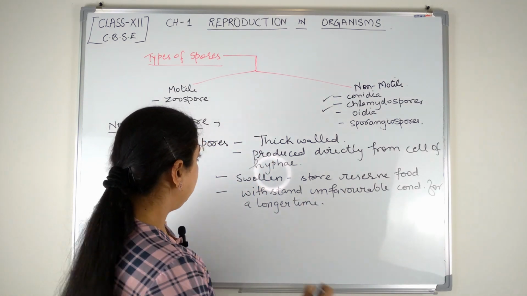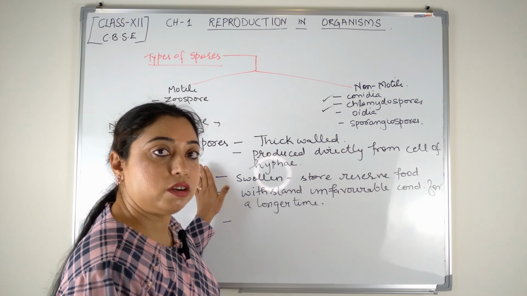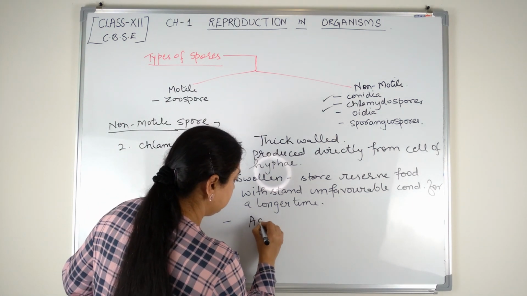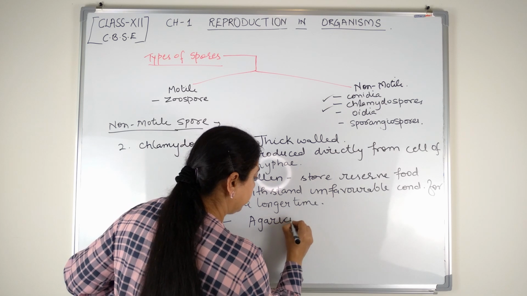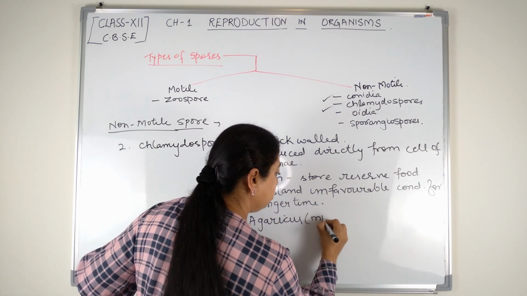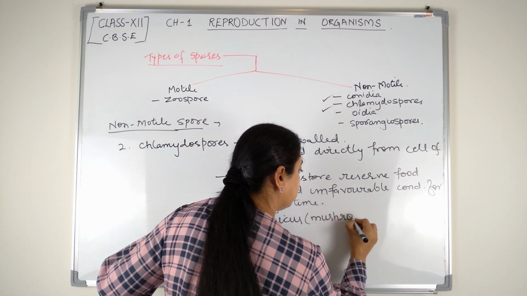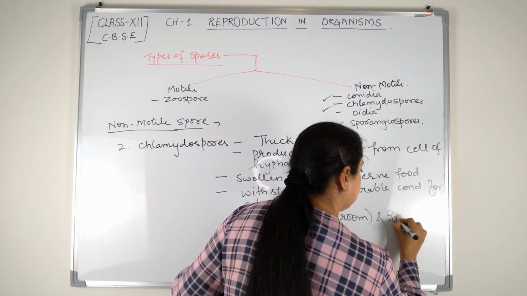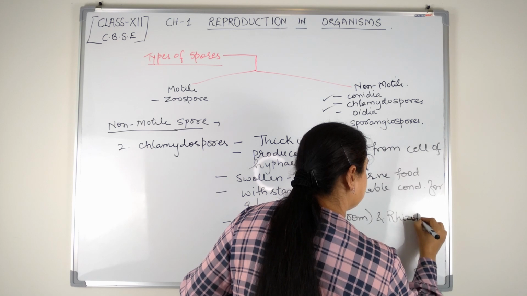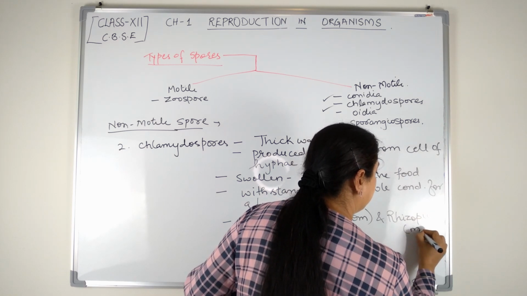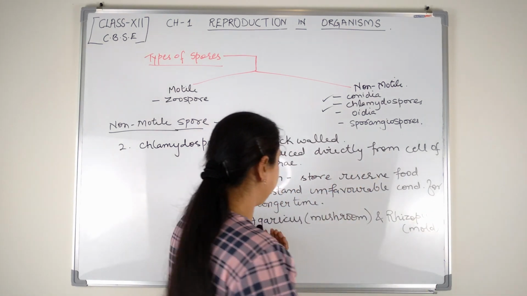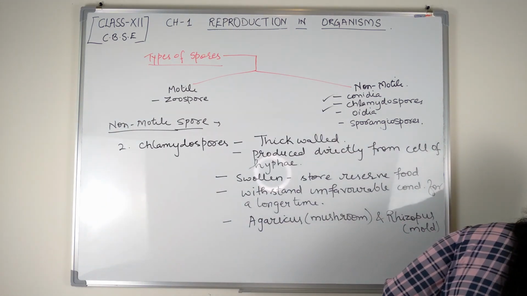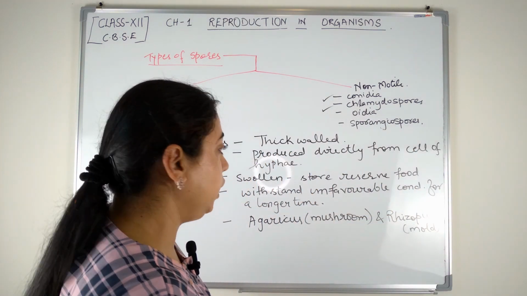Right? Chlamydospores are mostly formed by Agaricus, that is mushroom, and Rhizopus, which is a bread mold. Both of these are fungi. So let's see how chlamydospores look.